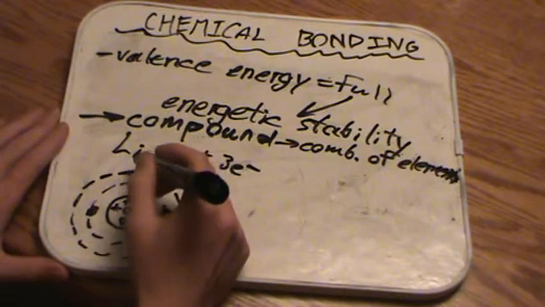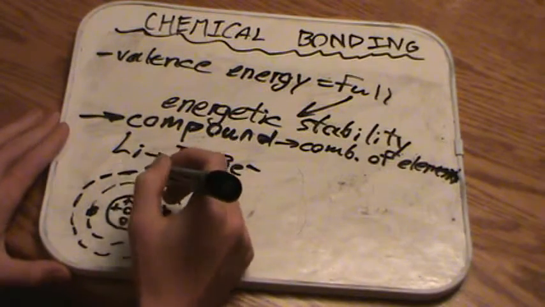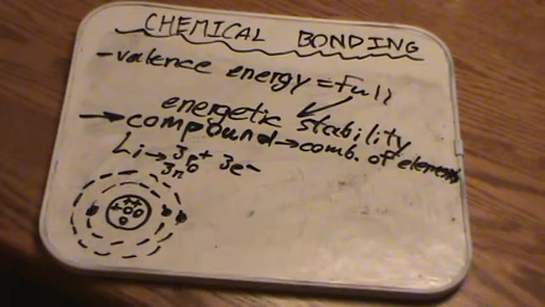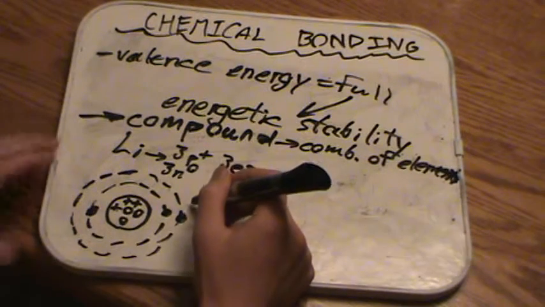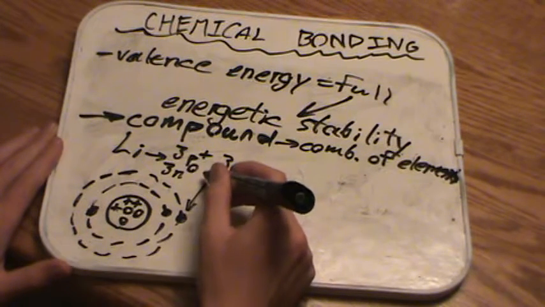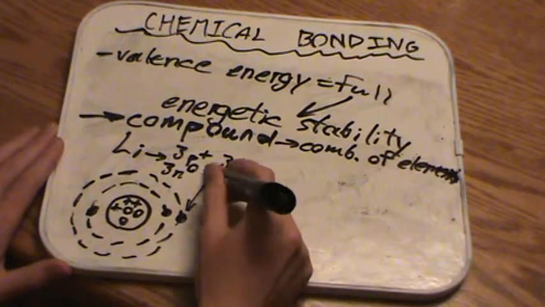This is what we're going to stick with for now until later videos. So now the 3rd electron will go in the 2nd energy level, because lithium is part of the 2nd period in the periodic table, so it will have 2 energy levels that contain electrons.